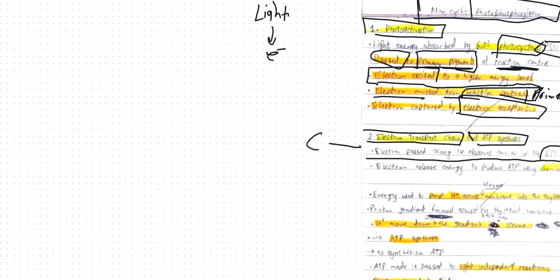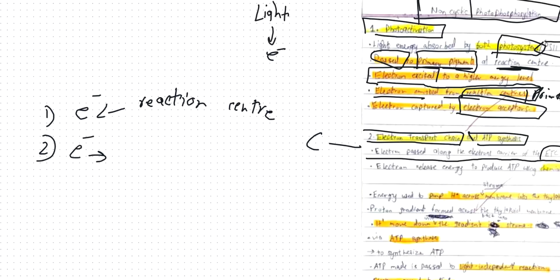So electrons are first excited; this happens at the reaction center or the primary pigment. Then in step 2, they are emitted, and these emitted, excited electrons are accepted by electron carriers.